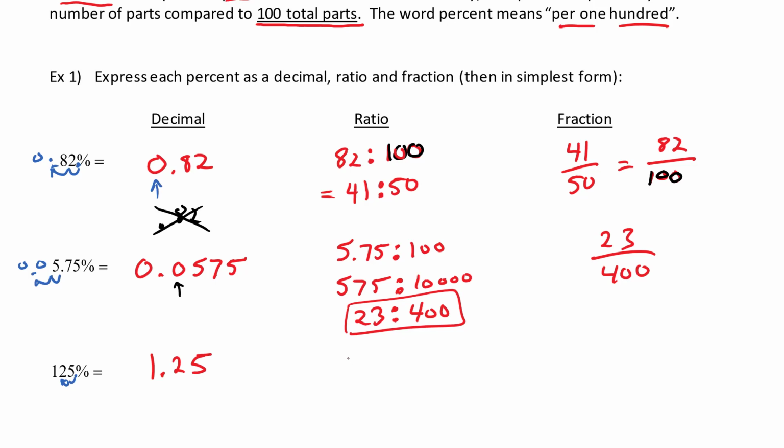Convert that over to a ratio, 125 compared to 100. Divide both sides by 25, 5 compared to 4. As a fraction, 5 over 4, which we could express as a mixed number, as 1 1/4. So these are all ways percents can be converted over to decimals, ratios, and fractions. Try and remember, we're always comparing it to 100.